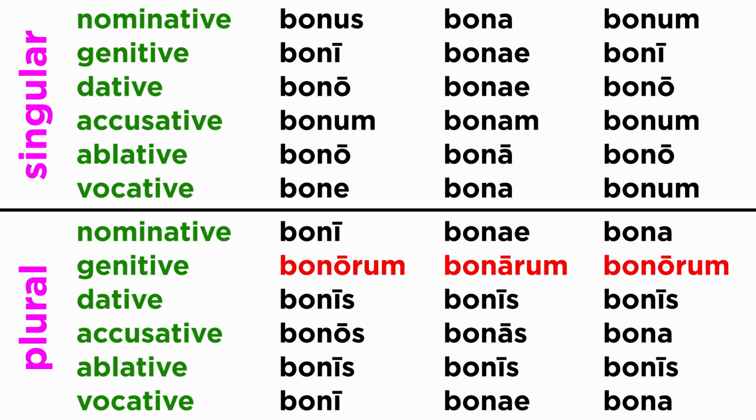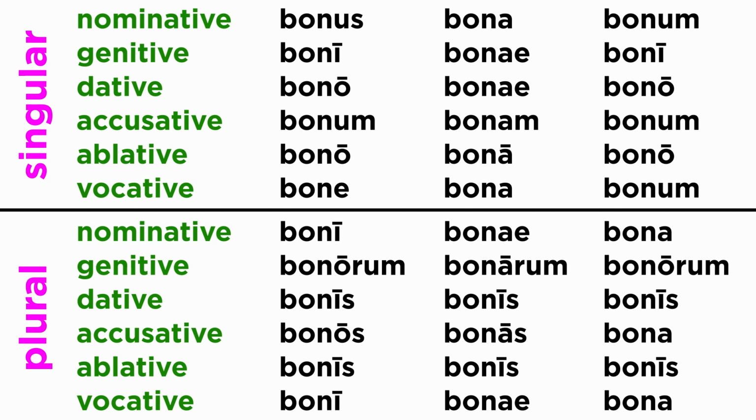Bonorum, bonarum, bonorum. Bonis, bonis, bonis. Bonos, bonas, bona. Bonis, bonis, bonis. Boni, bonae, bona. So that was a lot of forms, but luckily there are many other adjectives that will follow this precise declension.